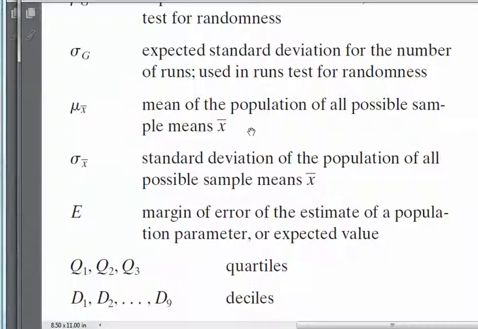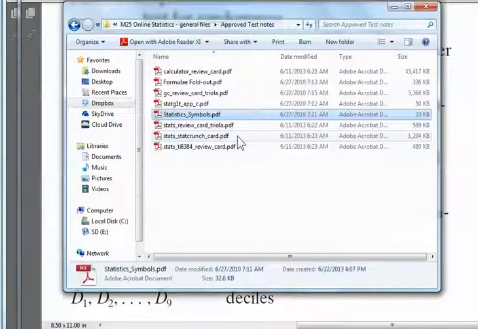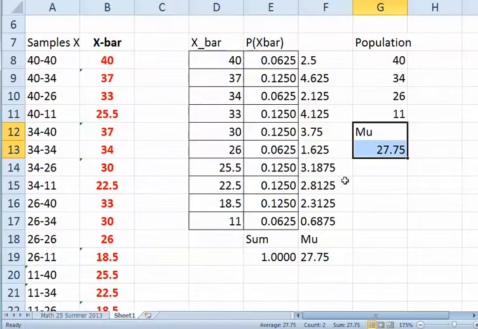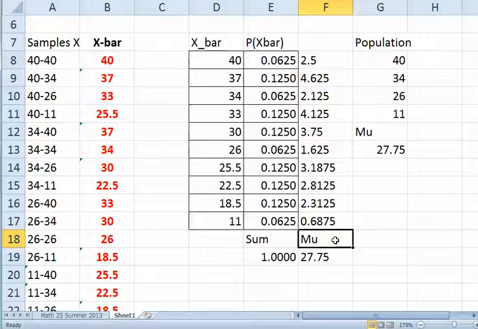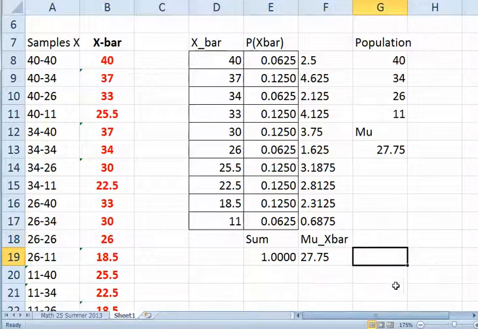And that doesn't actually depend on n. We chose n as 2 just to demonstrate, but if you take n to be any size, this is going to be the same thing. And that's a result of the central limit theorem. So maybe I could call this mu sub x bar to be more precise.